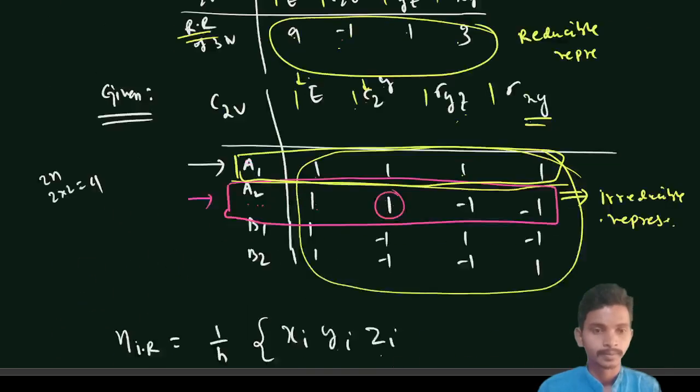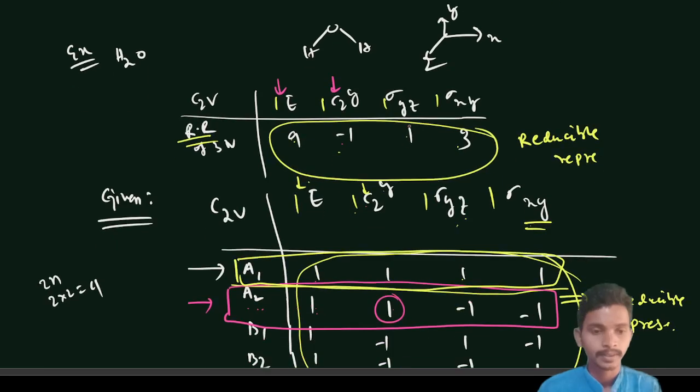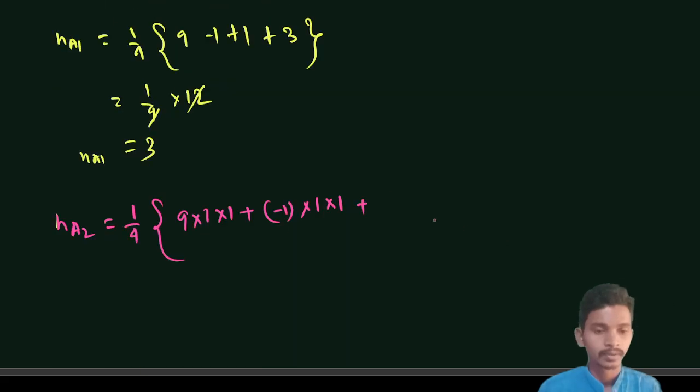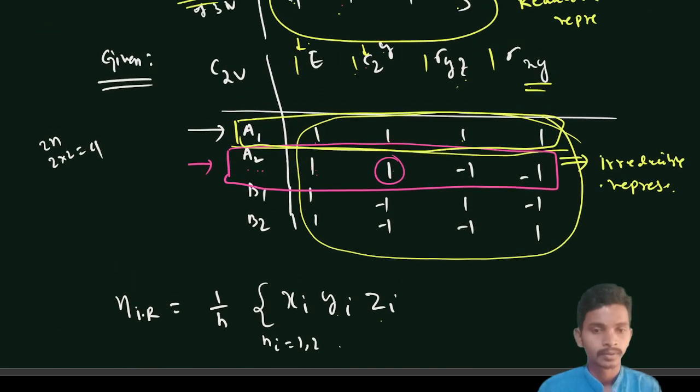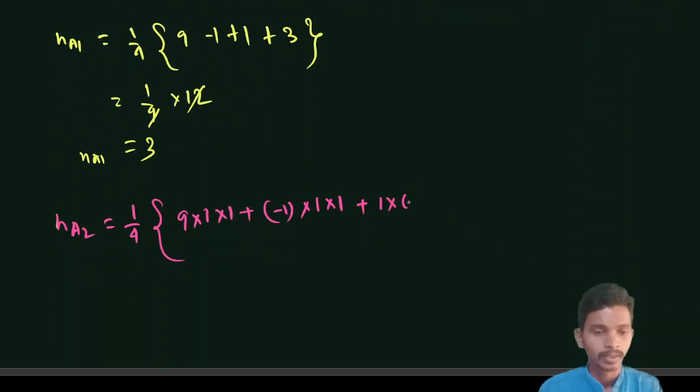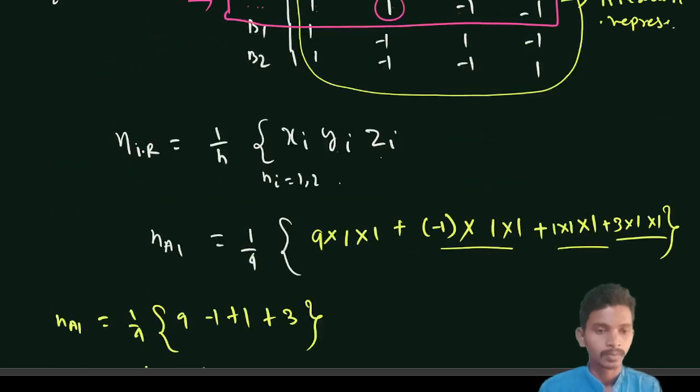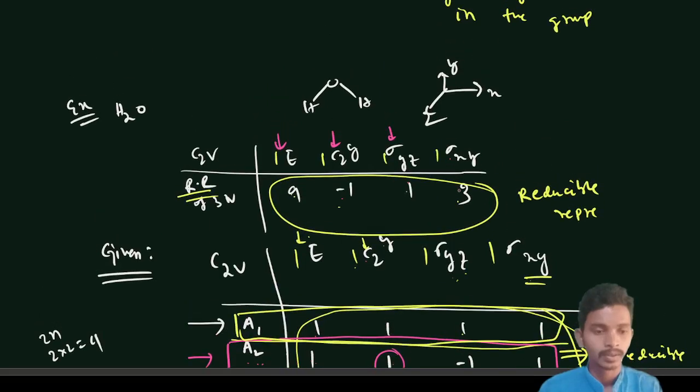After that again the reducible representation for this is 1, I put 1. After that this sigma yz is minus 1, so I put minus 1. After that again I go for this value, that is 3.